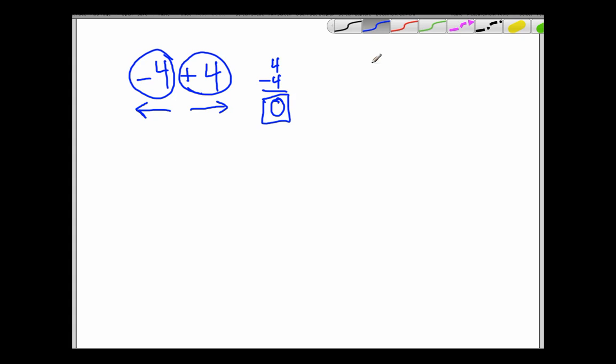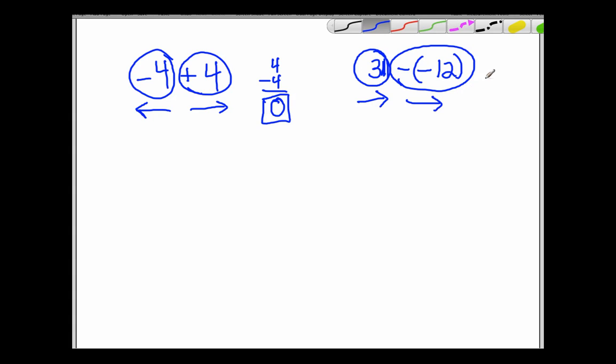All right, let us do another one. Let's do 31 minus negative 12. Circle the number and anything that comes before it. Okay, 31, positive, right pointing. Start at 12. Opposite of that, negative 12. Opposite of that, 12.